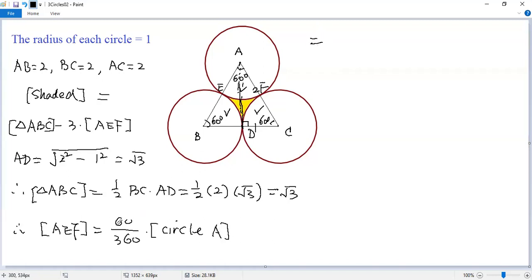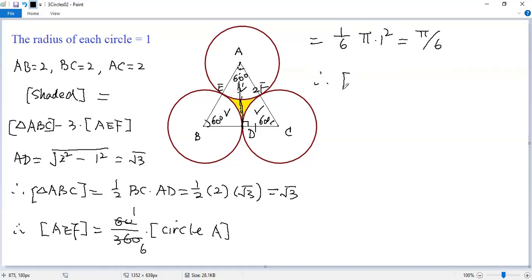So we can simplify this to 1 over 6. And the area of the circle A is pi r squared, r is 1. So we get pi over 6.